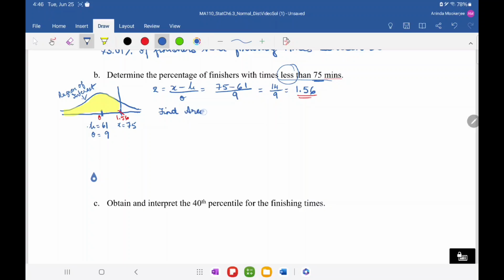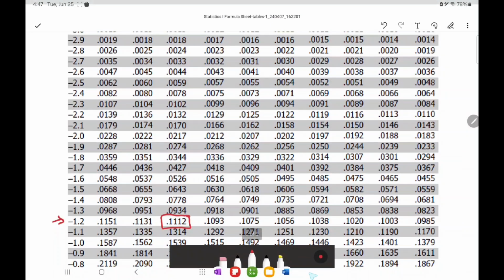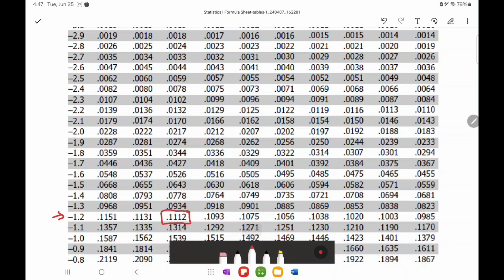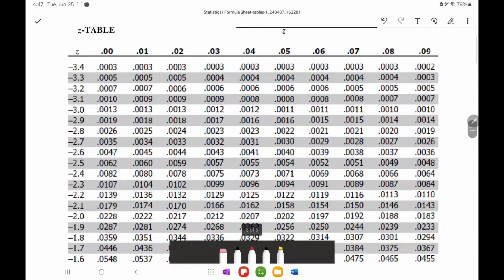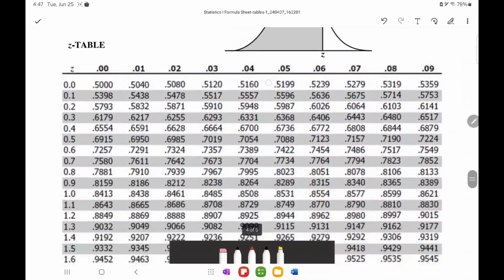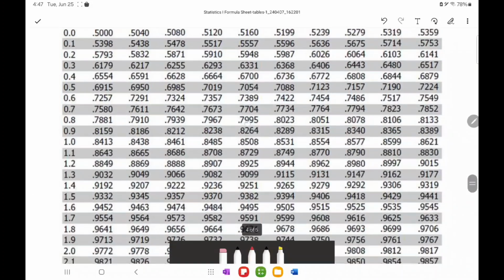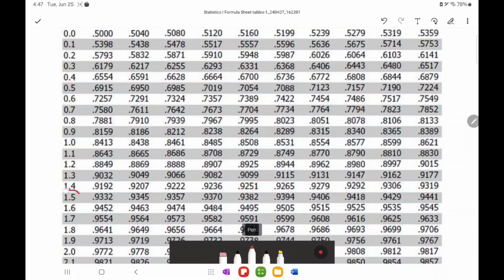So now let's go to the table and find the area to the left, and that's our region of interest, all the area to the left. So find the area to the left of Z equals 1.56. Let's go to our table. So we have to refer to the table with the positive values. 1.5 is here.